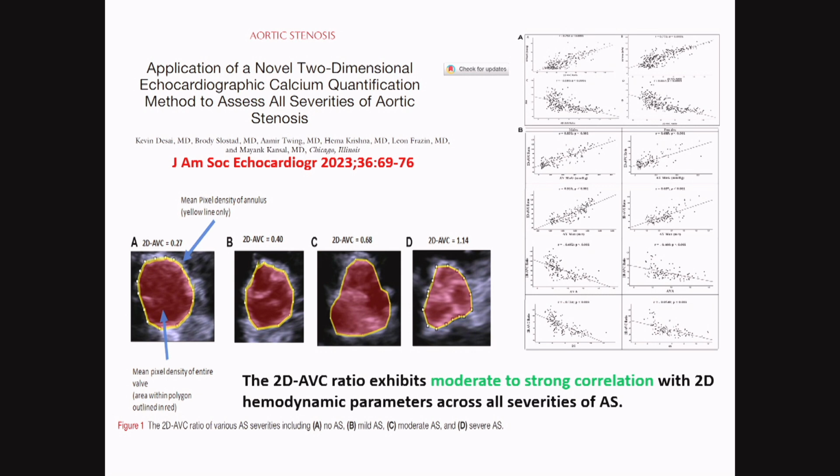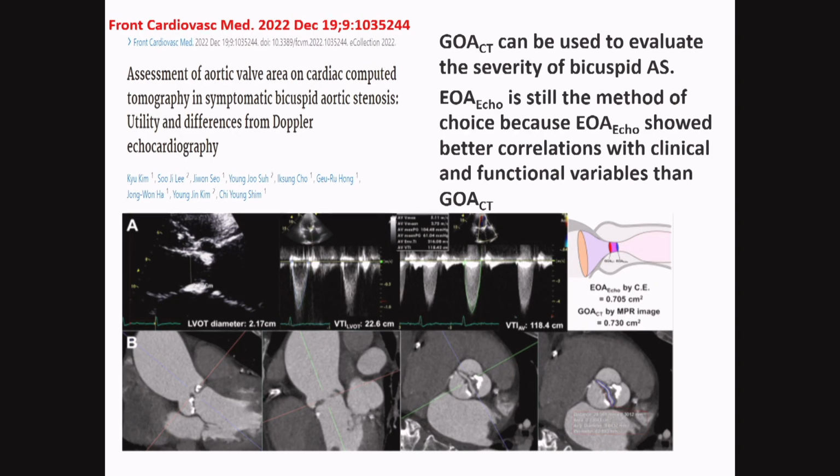This is a mild aortic stenosis, moderate aortic stenosis, severe aortic stenosis, and they have been shown to have moderate to strong correlation with such calcification. Of course, CT scan plays a very important role in the assessment of patients with aortic stenosis before selecting the patients for TAVI.